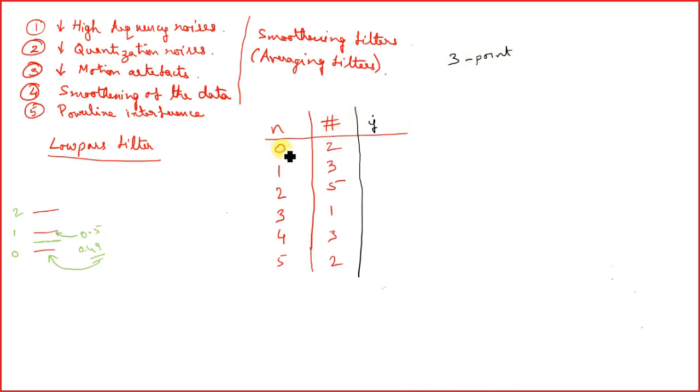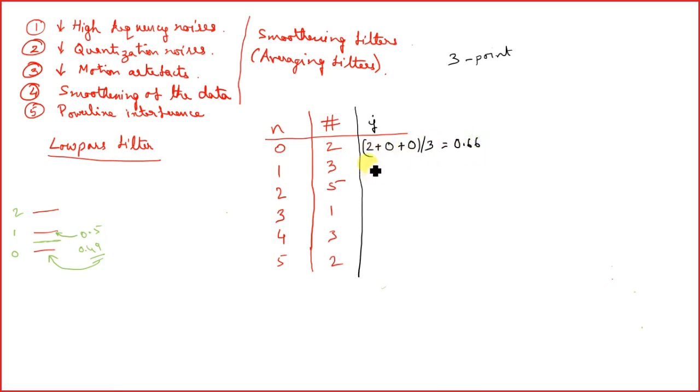So what I would take is 2 plus its previous instance 0 plus its previous instance 0, divided by 3, because it is a 3-point system. So 2 by 3 comes out to be 0.66, right?